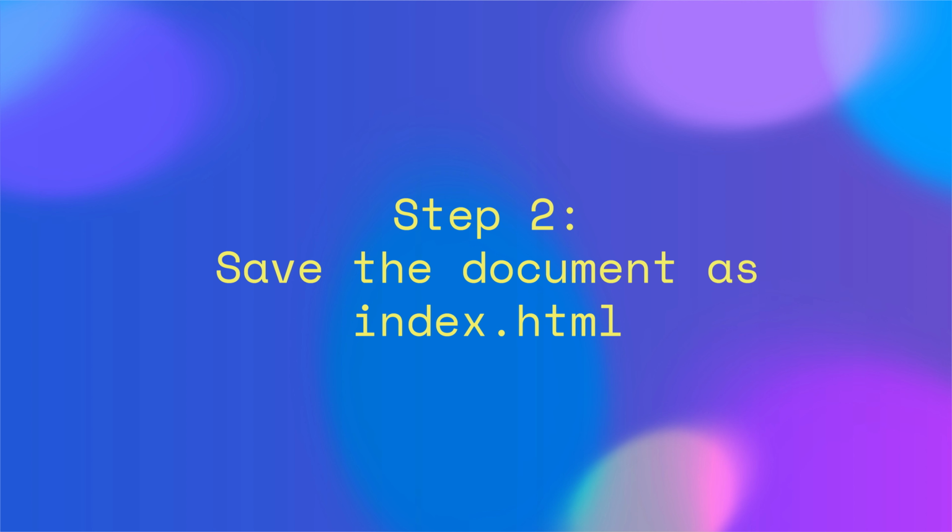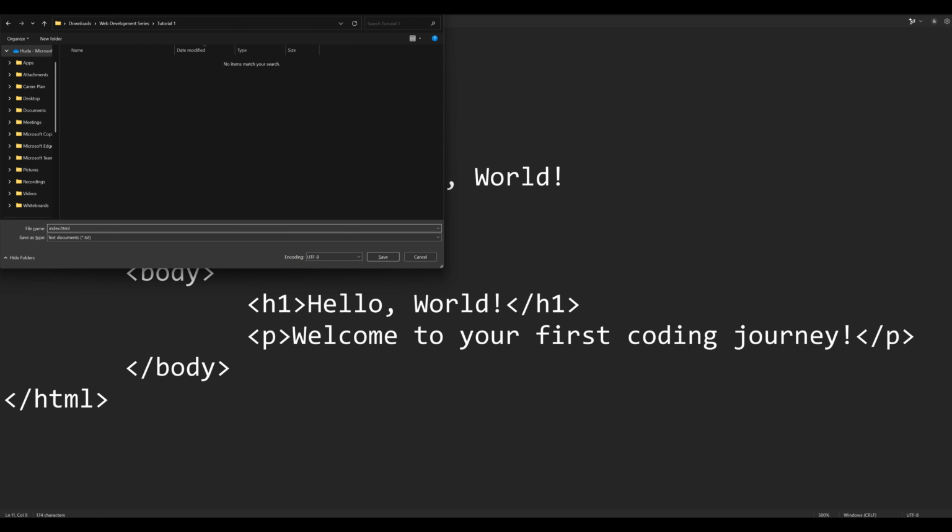Let's save that, and I'm going to call it index.html. Now, please don't save it just yet. This is really important. We need to make sure that the extension of the file is an HTML file and not a TXT. It's not a text document, it's an HTML document.